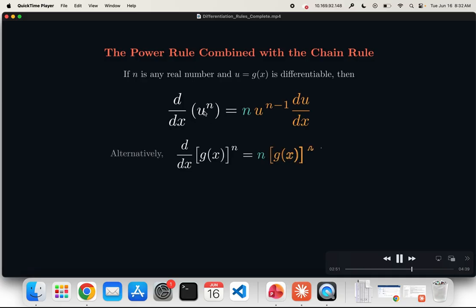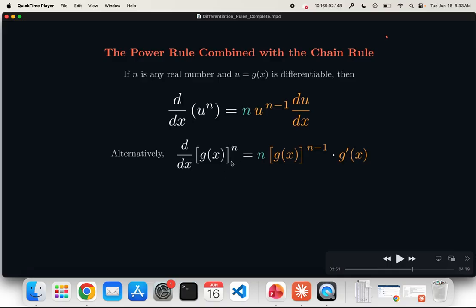So the way you do this is that you bring down the n, subtract 1, and then you differentiate the inside function. So again, you have a function to the n power. It's a power rule, but there's an inside function. So you bring down the n, you leave the inside function alone, you subtract 1, then you differentiate the inside function. I think this is the easy way of seeing it.